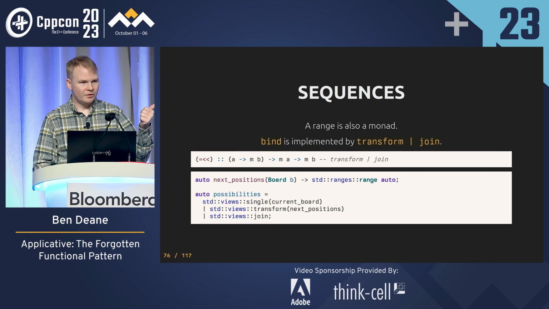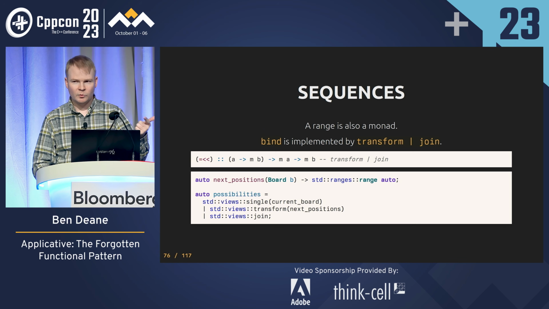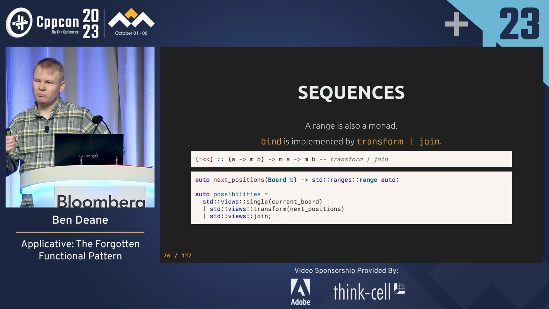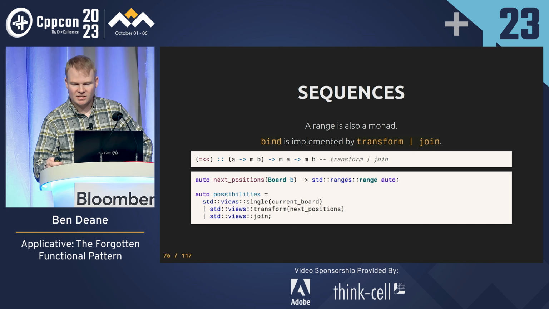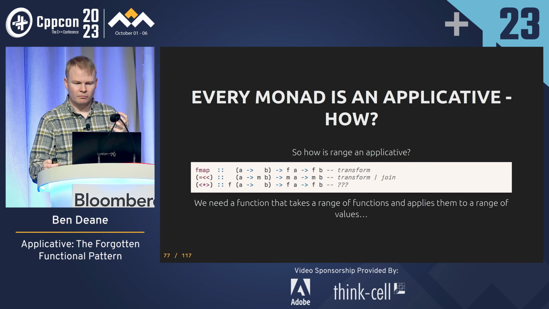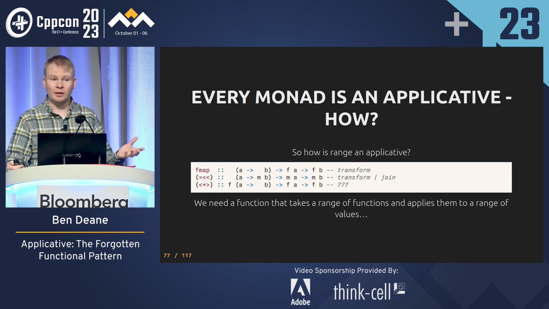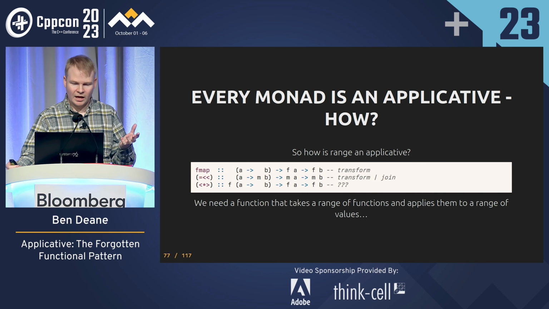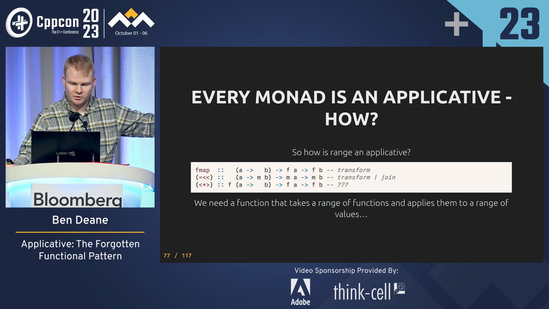Okay, so ranges are functors. Ranges are monads. We know that every monad is an applicative, right? At this point, we're perhaps prepared to take this on faith. But let's ask the question: how is range an applicative, right? If we know it's a monad, it must be an applicative somehow. So what's the answer here? How would we write the characteristic function, the apply function?